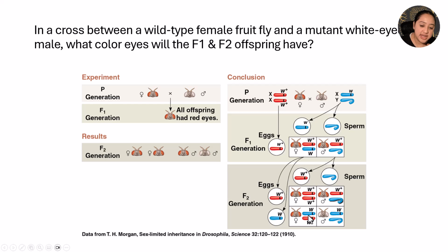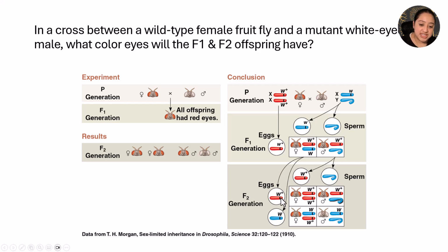This one has 1 copy wild type and 1 copy of the mutant allele. But if this is present, it's going to be expressed. So red eyes in this female, because there's 2 X's. And then if these guys happen to inherit a Y chromosome, they're going to be male.